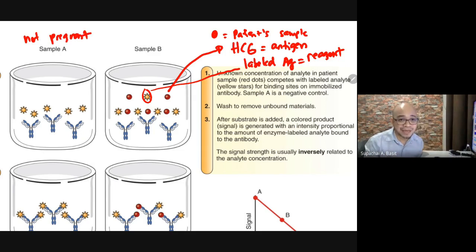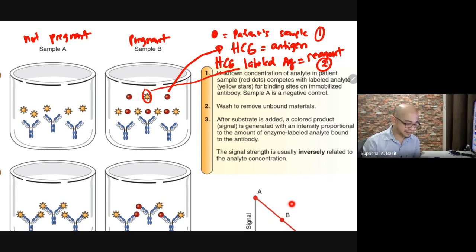For sample B, the patient is pregnant. So you now have two types of HCG. The HCG here is HCG coming from the patient sample. That's your first type of HCG. And then the second HCG is the labeled HCG.